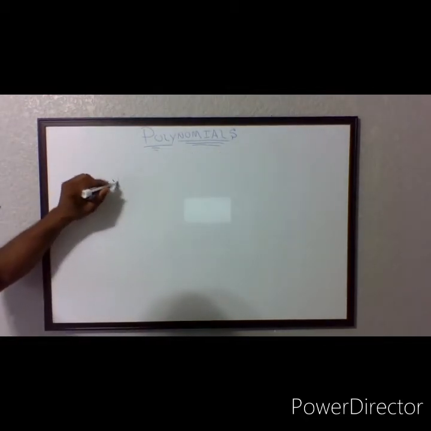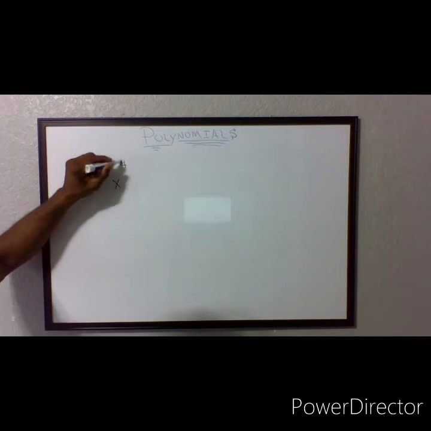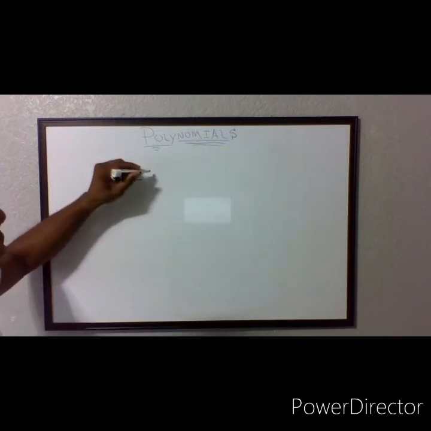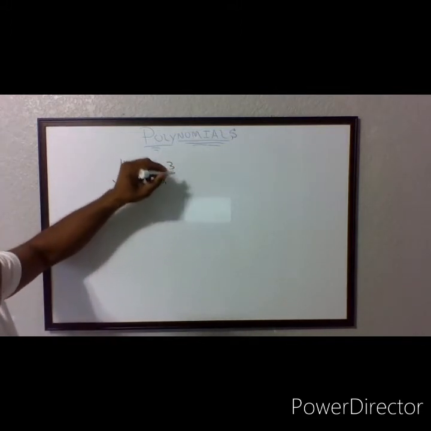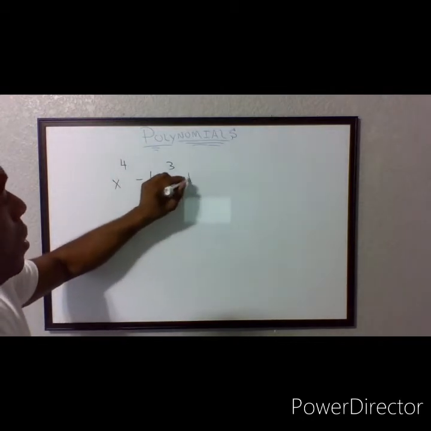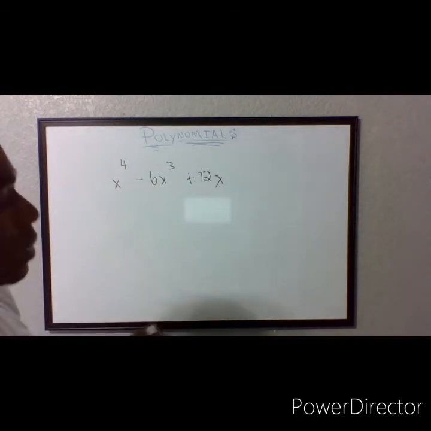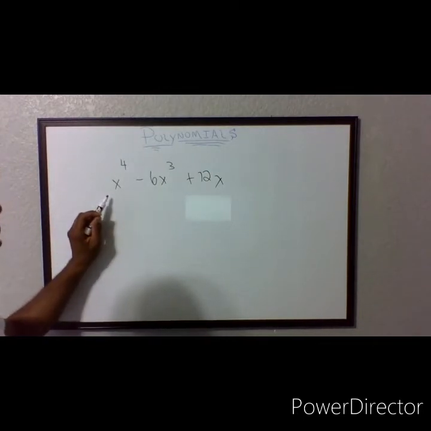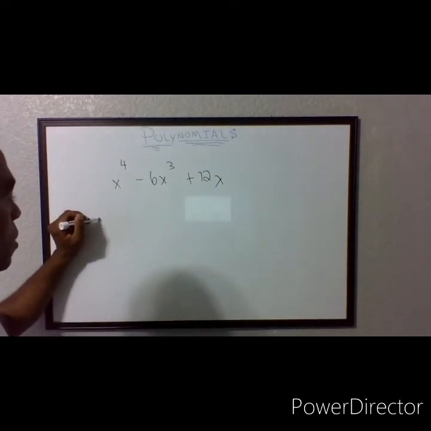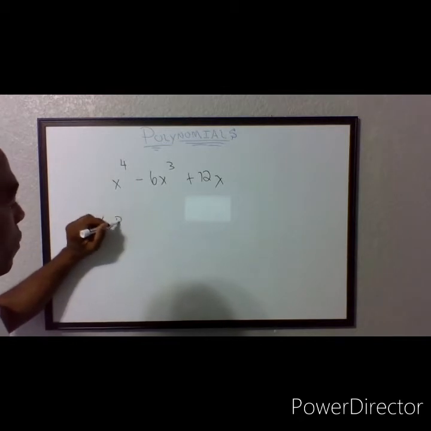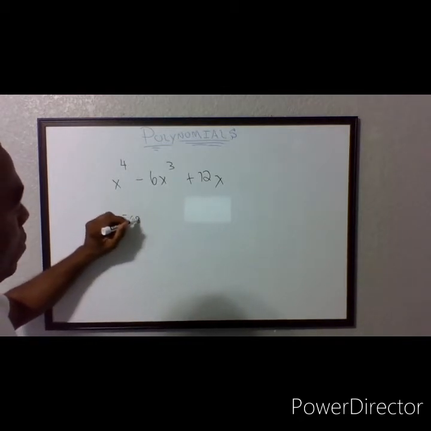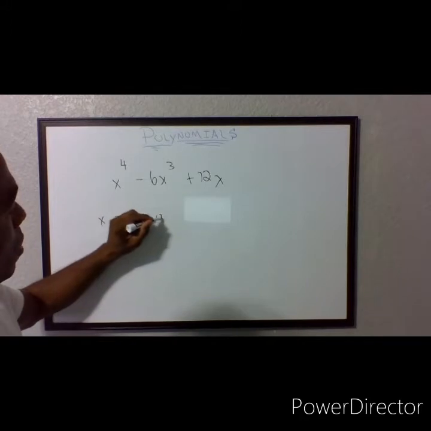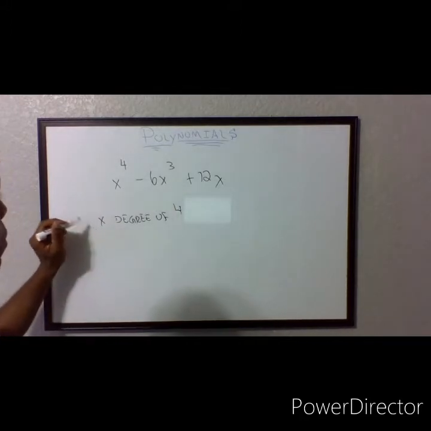Let's do x to the fourth minus 6x cubed plus 12x squared, right? X to the fourth has a degree of 4.